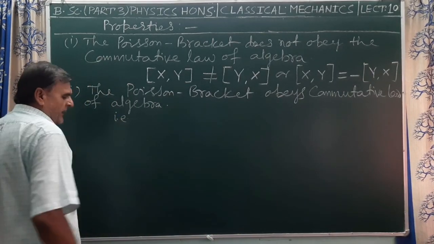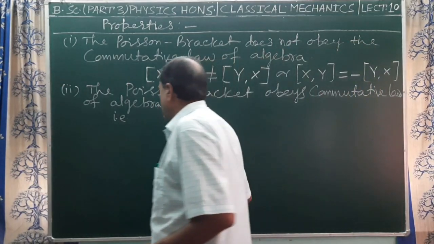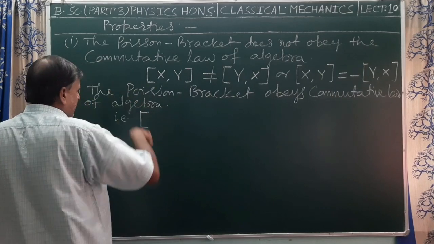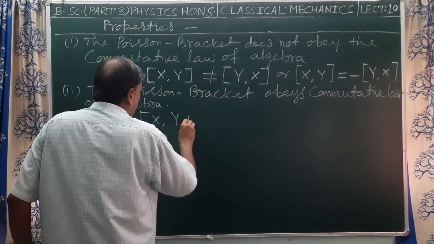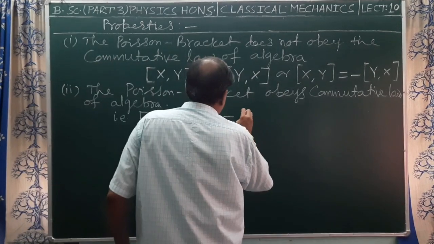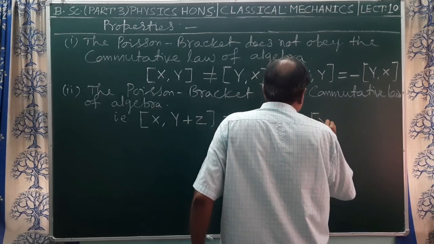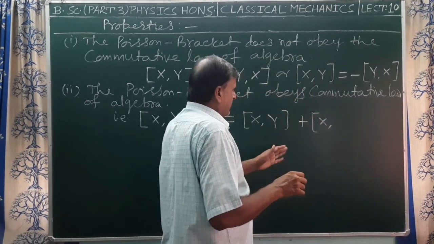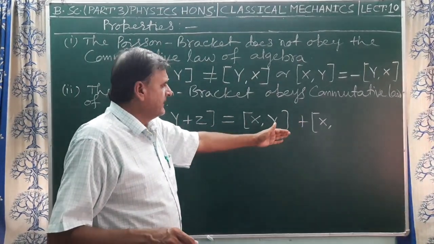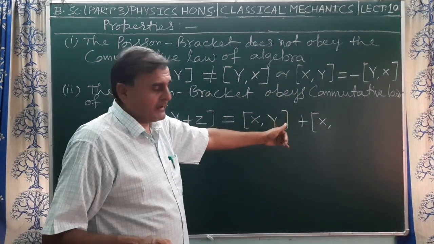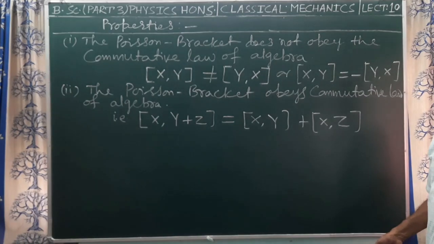That is, if we take three dynamical variables capital X, capital Y and capital Z, then the Poisson bracket [X, Y + Z] equals [X, Y] plus [X, Z], which is similar to the distributive law of algebra.